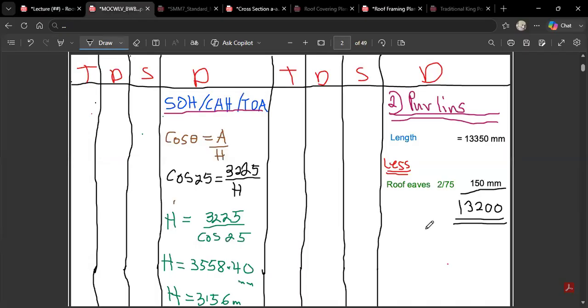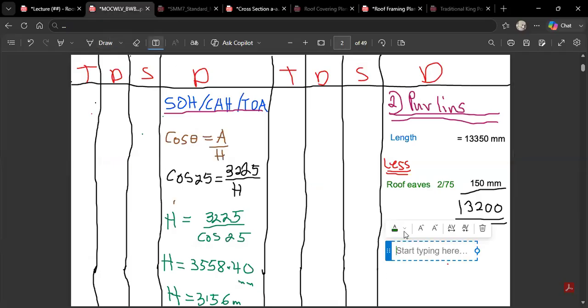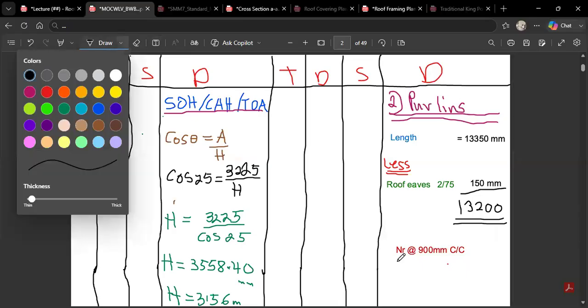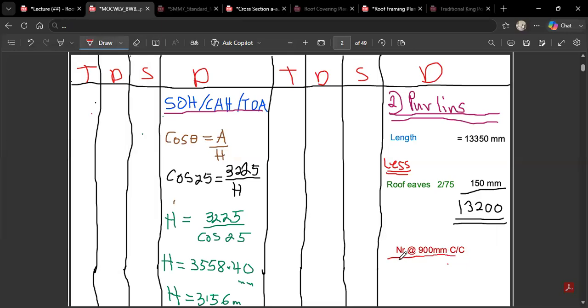Okay. So over here we're going to write number at 900 millimeter center to center.